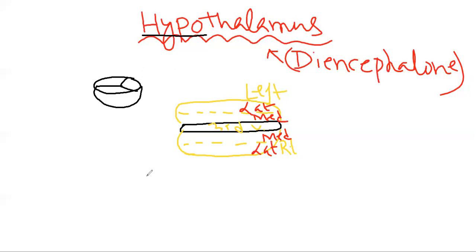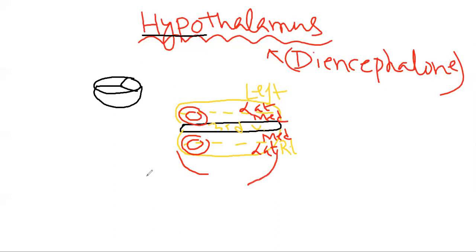Now, the next important structure present within the hypothalamus is the mammillary swelling or mammillary body. At the posterior side of the hypothalamus is the mammillary body or mammillary swelling, we can say. Anteriorly there is another swelling which is known as the tuber cinereum.